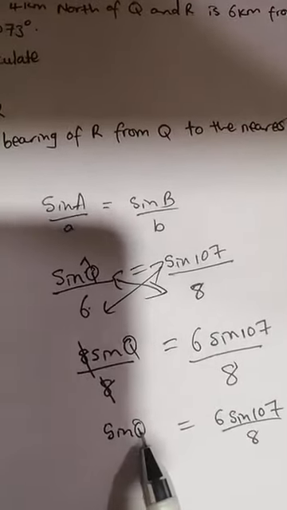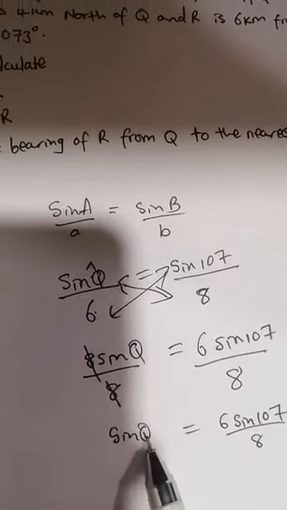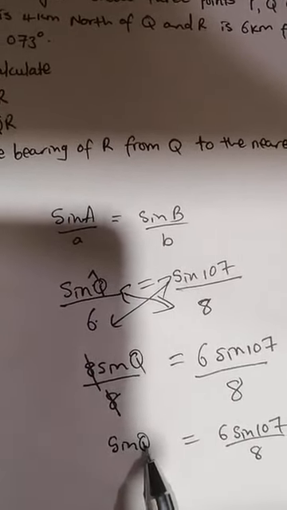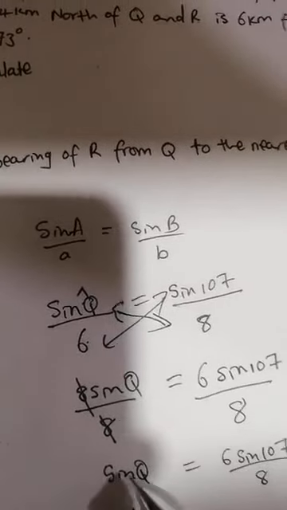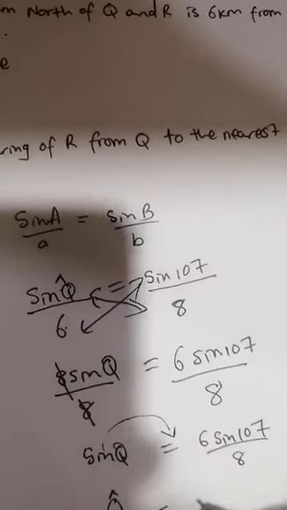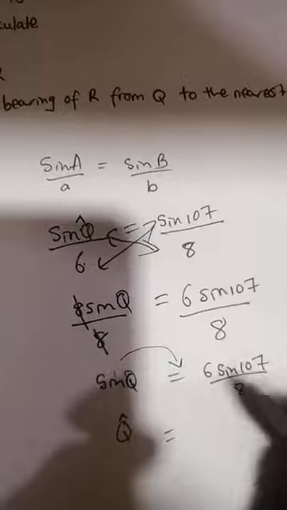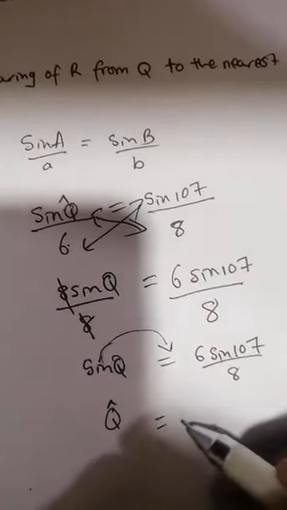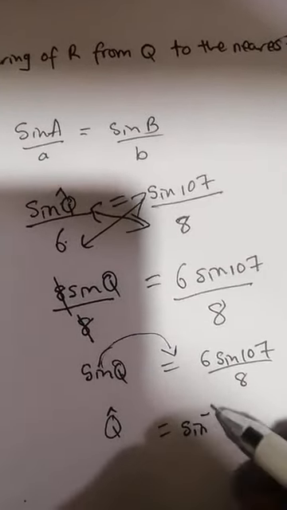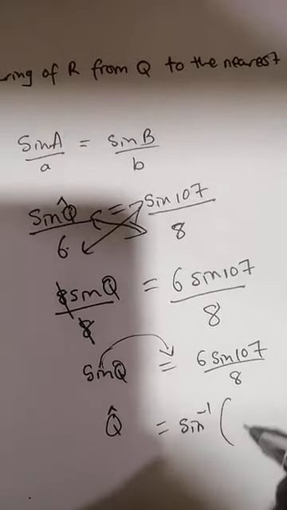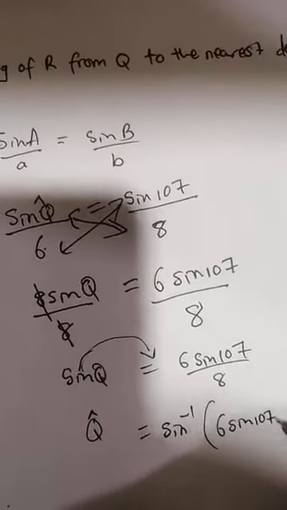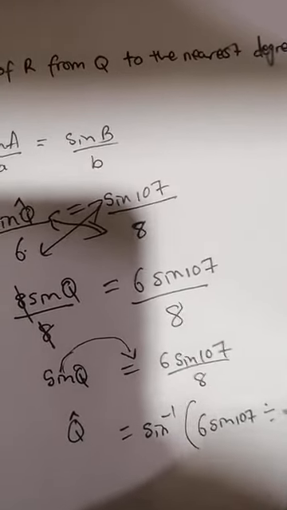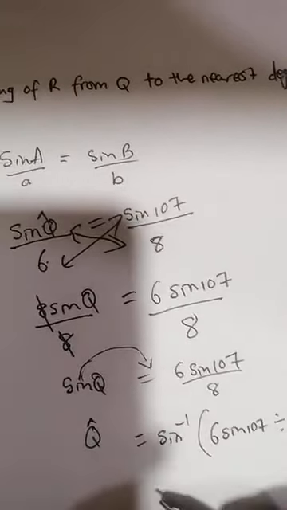Now to find the angle q, which is PQR, we put sine to this side, it becomes sine inverse. Now 6 sine 107 over 8, or divided by 8, then you close your bracket.